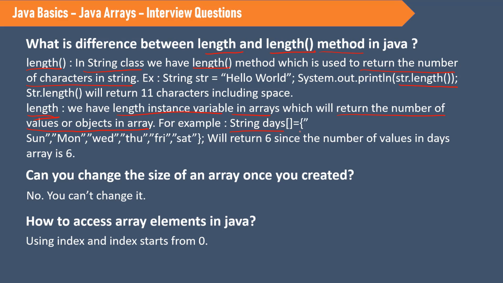So we have string days is equal to Sunday, Monday, Wednesday, Thursday, Friday, Saturday, and it will return 6. The length instance variable holds a value of 6 because there are 6 elements in this array. So that is the difference between length and length method.